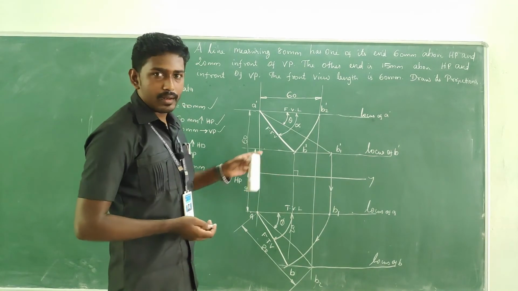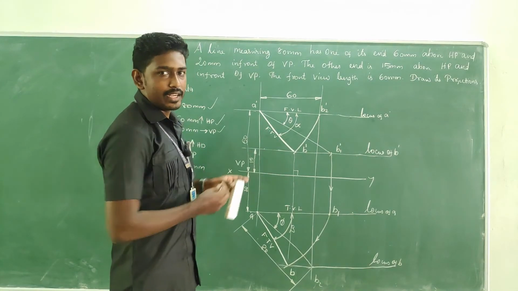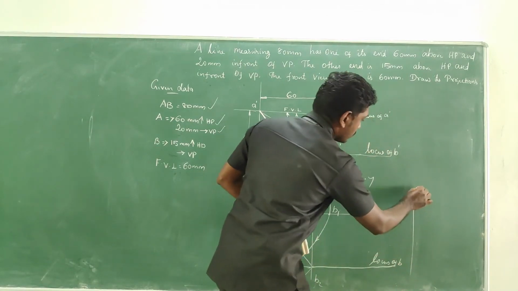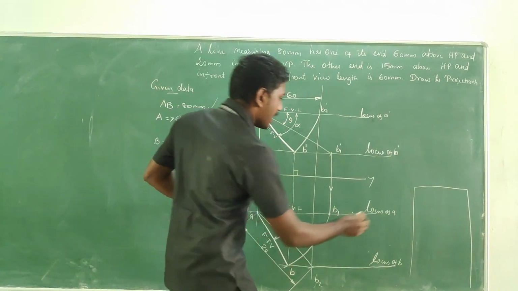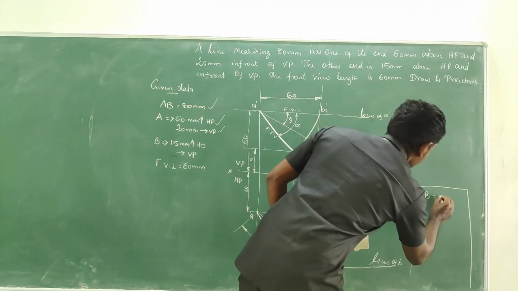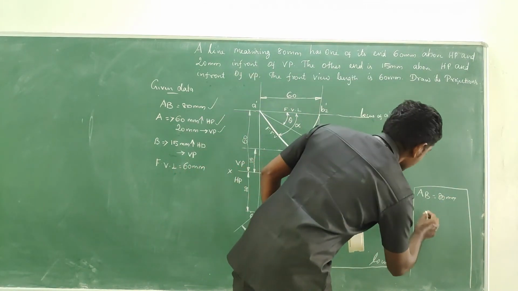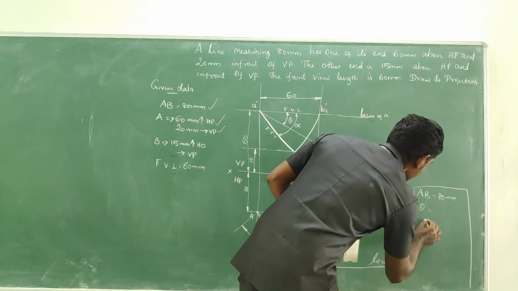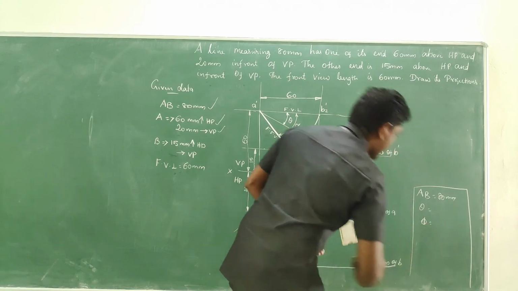Next, the important thing is we want to display all the dimensions, okay? We have 7 terms here. We should give clear details about them, okay? So at the bottom you can make a box and write AB, which is given in the question, 80 mm, no worries, and then the true inclination in the front view, phi, and the true inclination in the top view, theta.